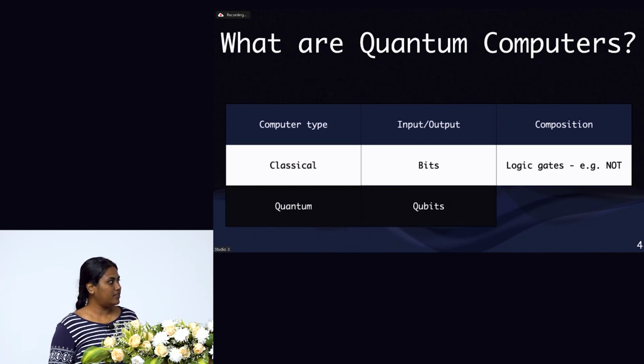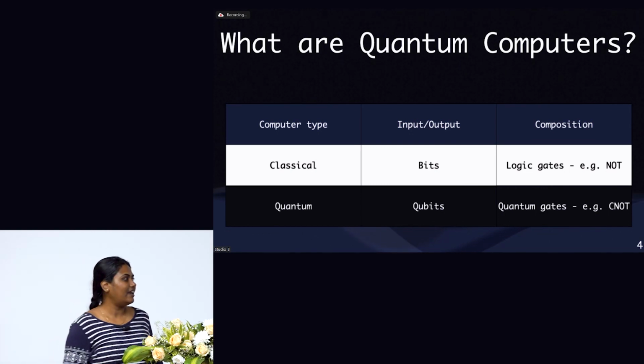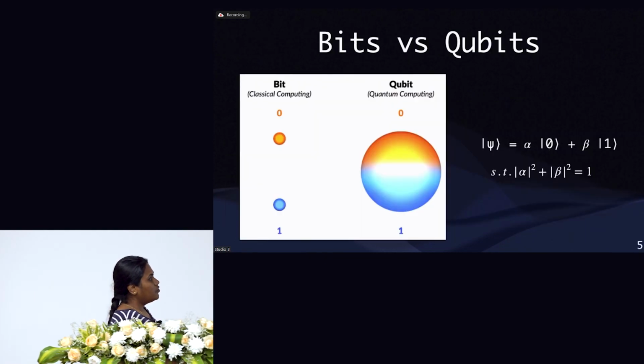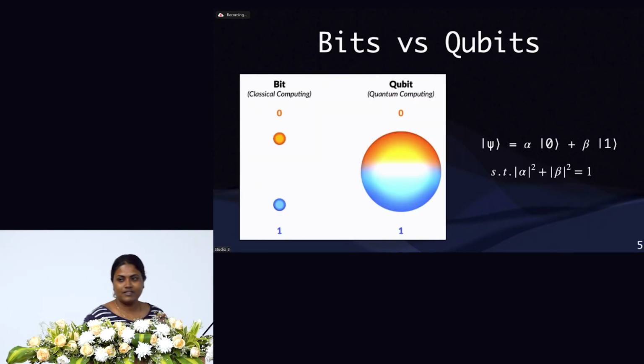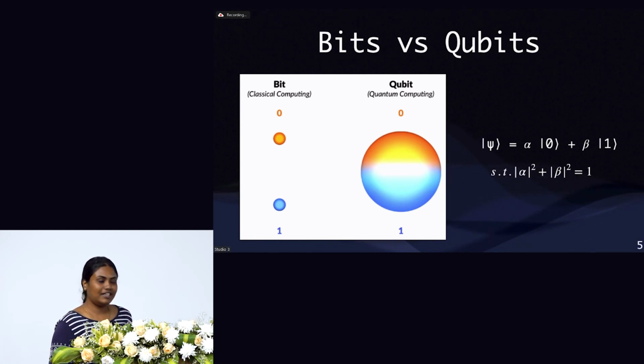They have something called qubits, and they are made up of quantum gates, for example the CNOT gate, X gate, Y gate; we have so many quantum gates. Coming to bits versus qubits, if you see this picture, let's say that if this circle is orange, then it's 0, and if it's blue, it's 1.